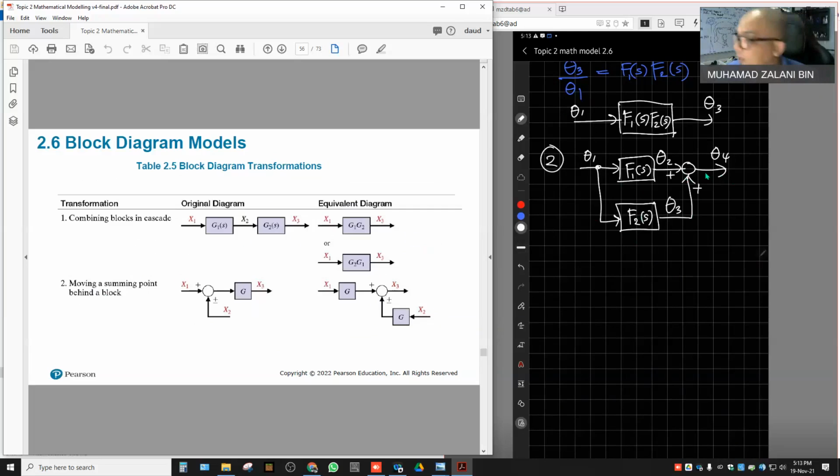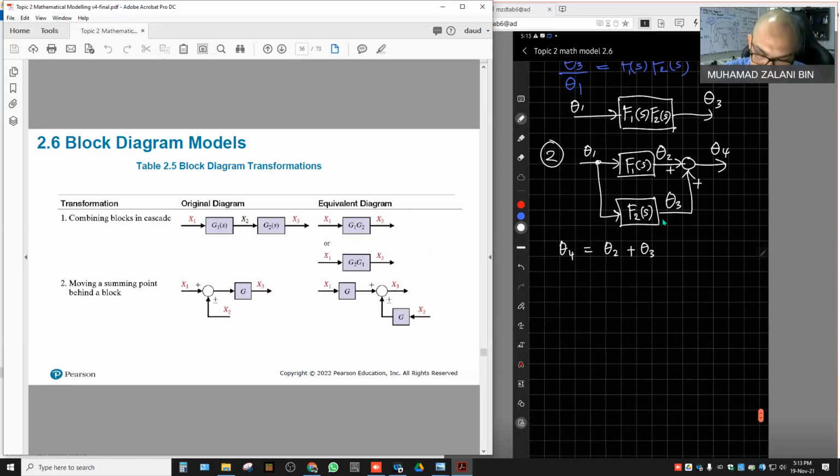This is a summing point of plus and plus. So theta 4 is theta 2 plus theta 3. Another equation: theta 2 is the output, and the input is theta 1 multiplied by F1(s). And another equation is theta 3, similarly, which we can do for theta 3.